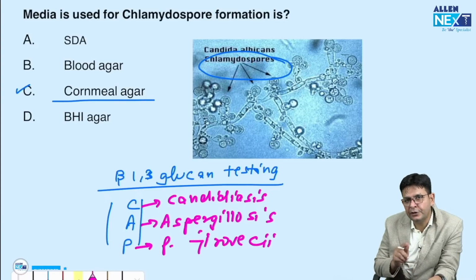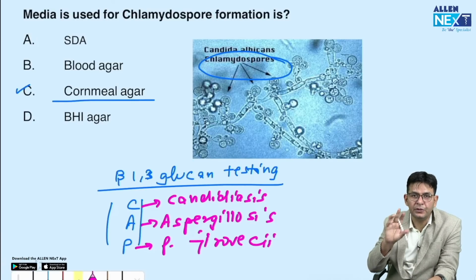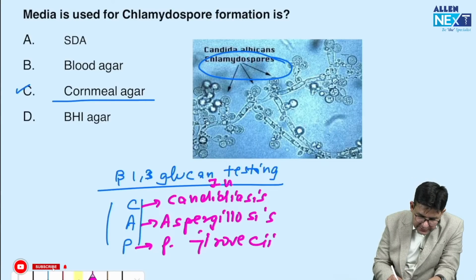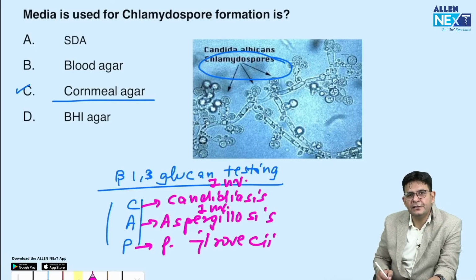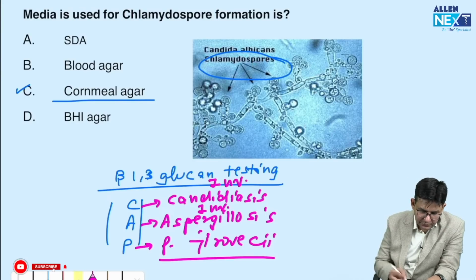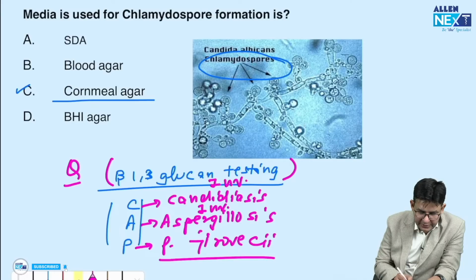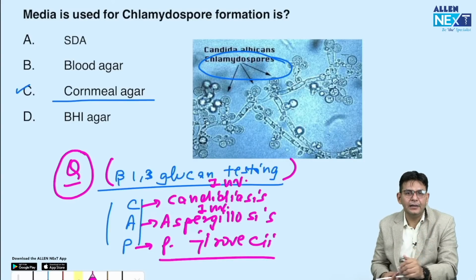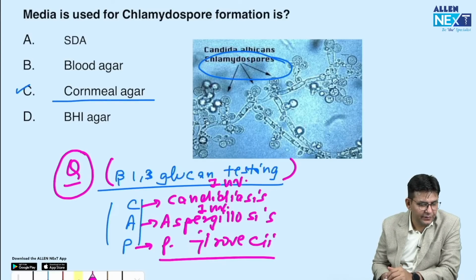It is not done for Cryptococcus, it is not done for mucormycosis, it is done for the CAP. Importantly, these are invasive ones: invasive candidiasis, invasive aspergillosis, and Pneumocystis jirovecii. This is also a favorite of the examiner, and this question is frequently asked.